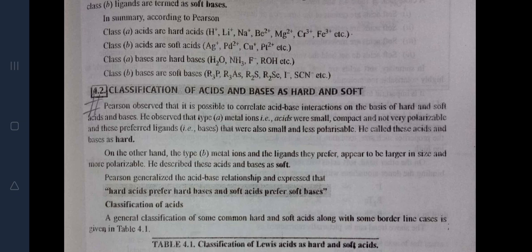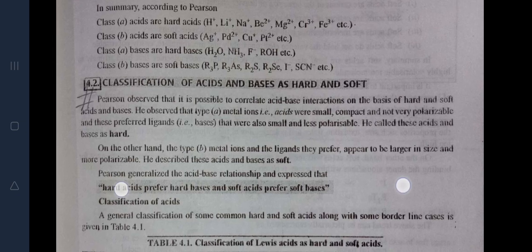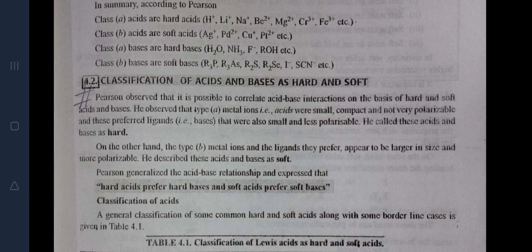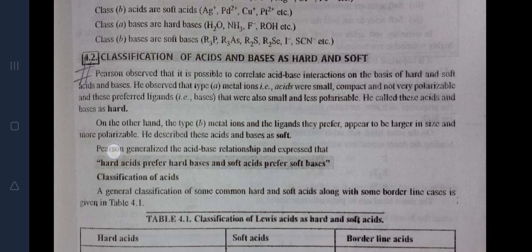On the other hand, type B metal ions and the ligands they prefer appear to be larger in size and more polarizable. He described these acids and bases as soft. Pearson generalized the acid-base relationship: hard acids prefer hard bases and soft acids prefer soft bases. Classification of acids. A general classification of some common hard and soft acids along with some borderline cases is given in the table.